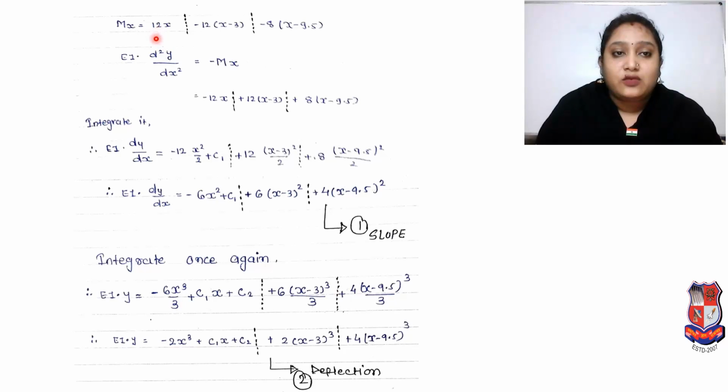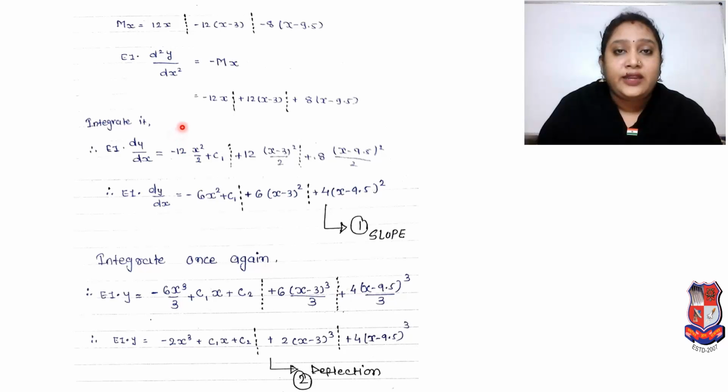So you can observe the change in sign. Here EI into d square y upon dx square is equal to minus Mx. So here minus 12x, here minus will be plus, so plus 12 in bracket x minus 3. Here minus 8 is there, so minus minus plus 8 will be there. Then x minus 9.5 bracket over.